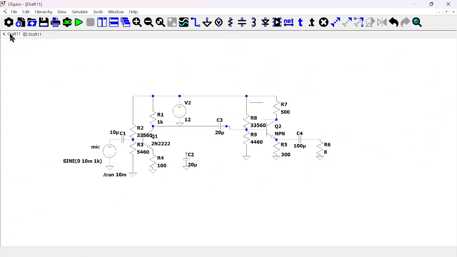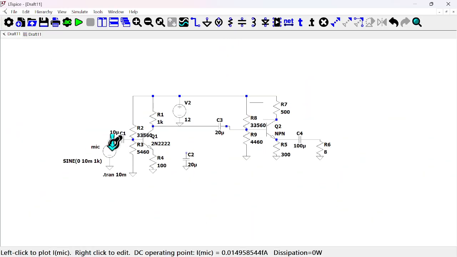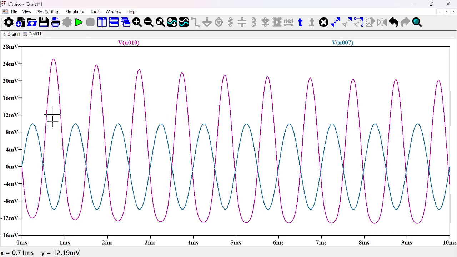I think I'm reading current. Yeah, okay, it didn't really change by much, but at least what we've done is we can look at the input and connecting the emitter follower.